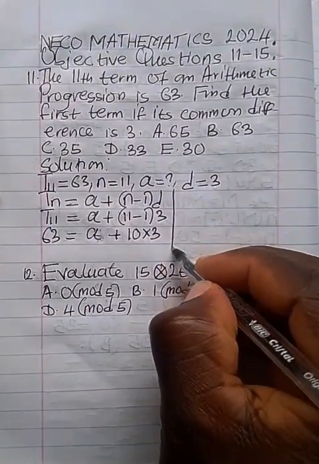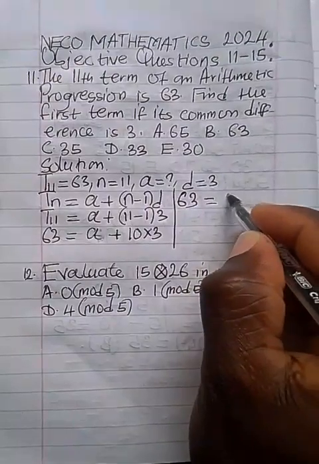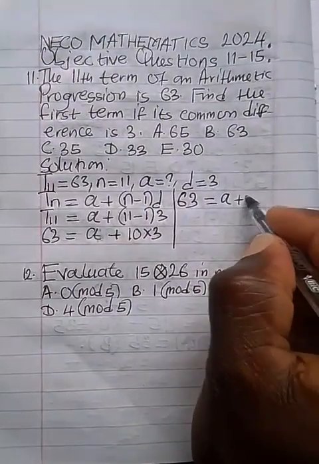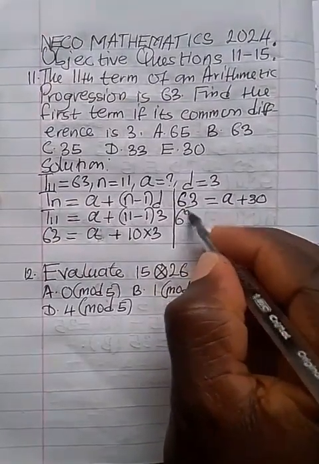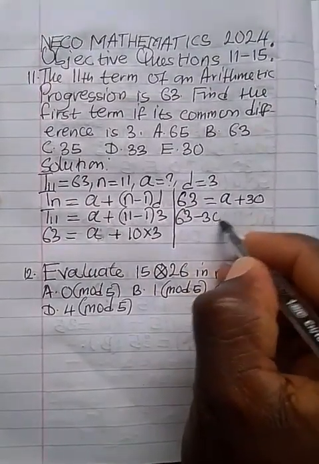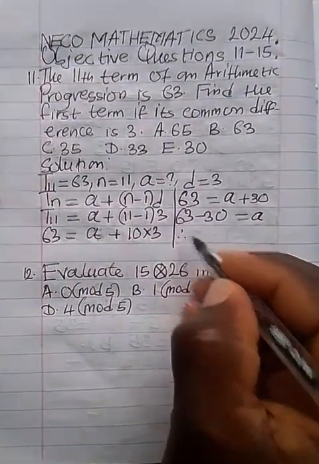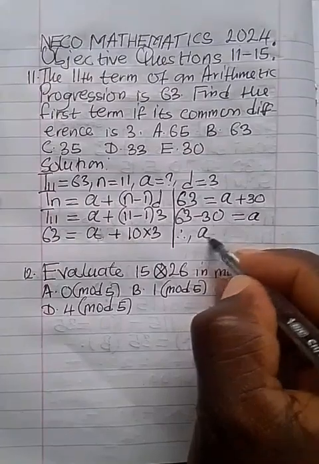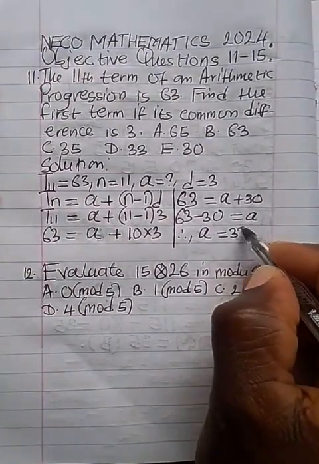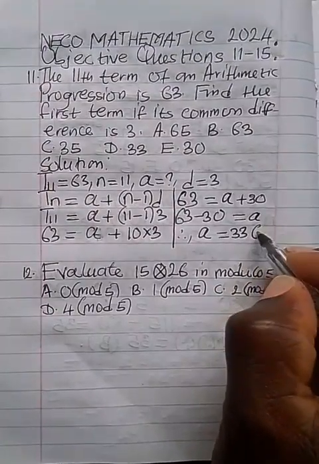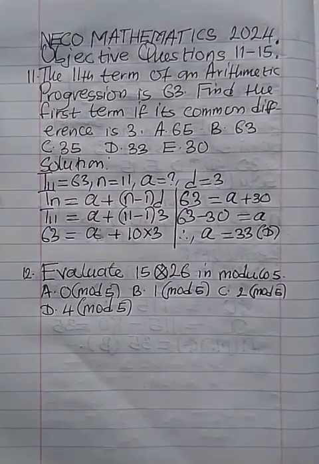We continue from here. 63 is equal to a plus 30. Collect like terms. 63 minus 30 equals a. Therefore, the first term a is equal to 33. The correct option is D.